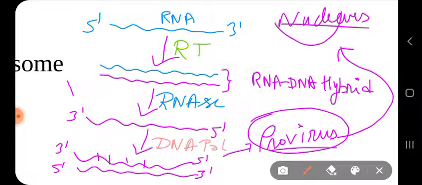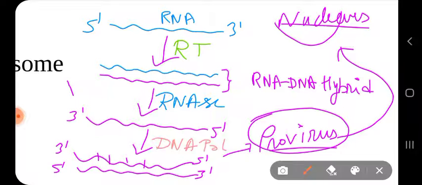Now, how is it possible? For instance, by artificially removing a gene. If we are able to remove the gene that encodes the envelope of the virus, the retrovirus can be crippled and made harmless, because without the envelope, the retrovirus cannot enter the host cell.